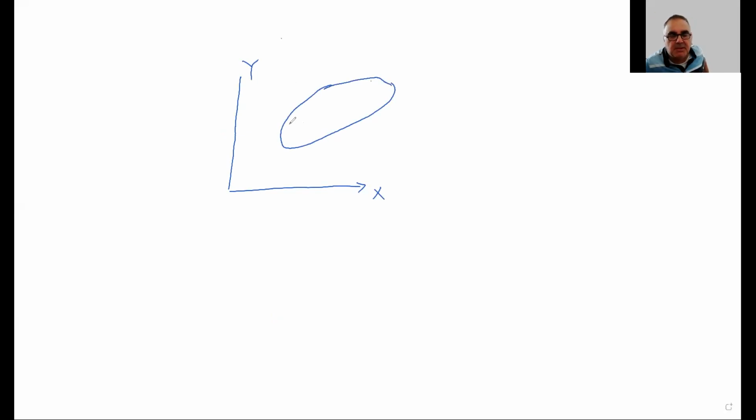Okay, so we have a two-dimensional space, like X and Y, and we have a rigid body in this plane. How many motions does this rigid body have? Well, it is an ambiguous question, of course. It can move in the x direction, that's a possible motion. It can move in the y direction.